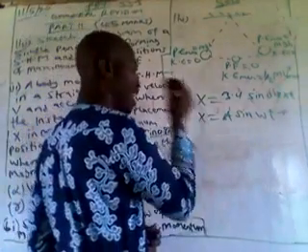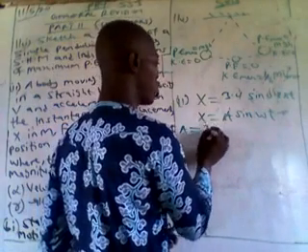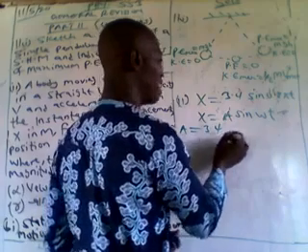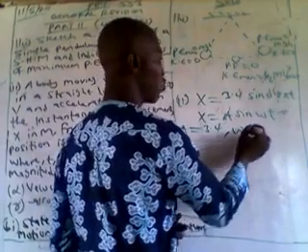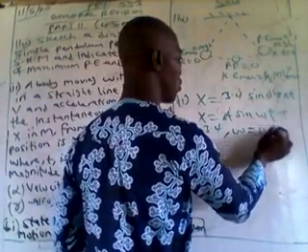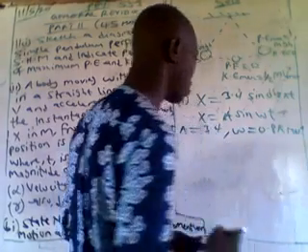You see that from here, by the time you compare, our A, which is the amplitude of the motion, is going to be 3.4, and the angular velocity, which is omega, will be equal to 0.85 radian per second.